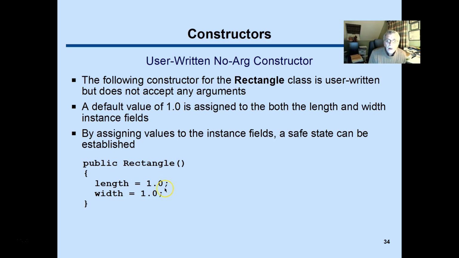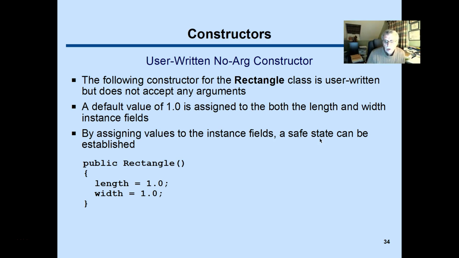It's a no-arg, but we explicitly assign 1 for the length and 1 for the width. That way, we're guaranteed a safe state. We know that if the length has to be greater than 0 and the width has to be greater than 0, we're going to start off right out of the box with a rectangle whose attributes have been initialized to something other than 0.